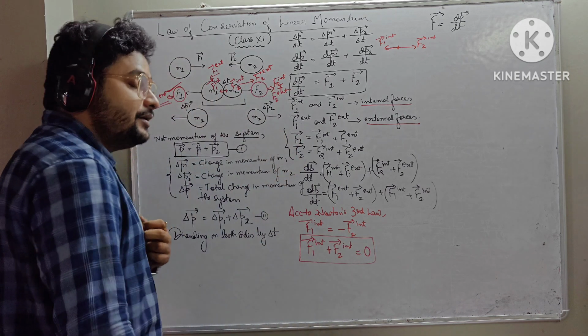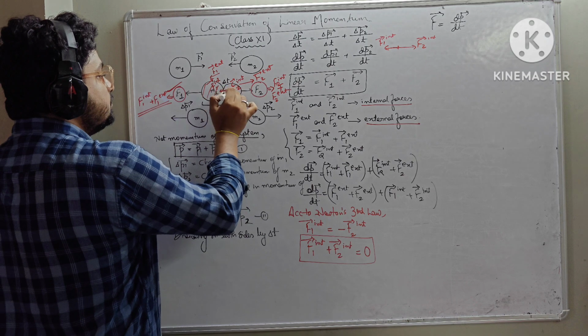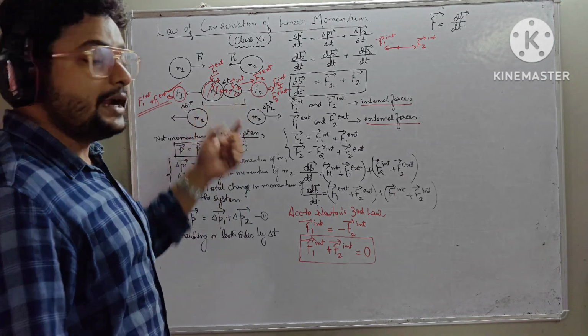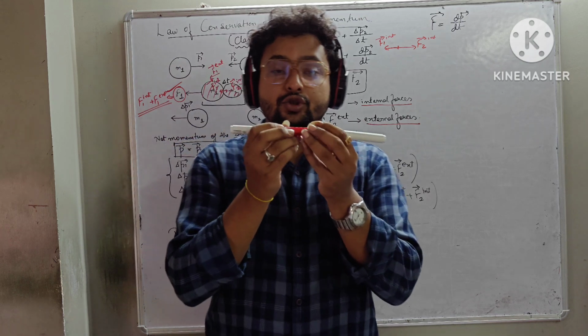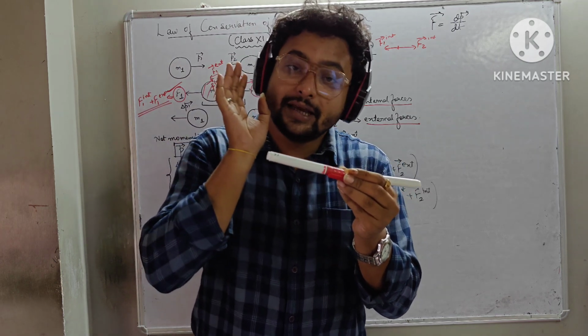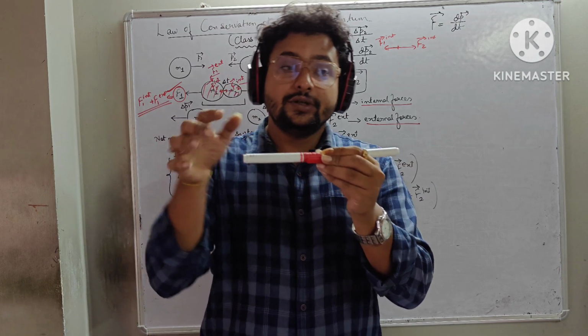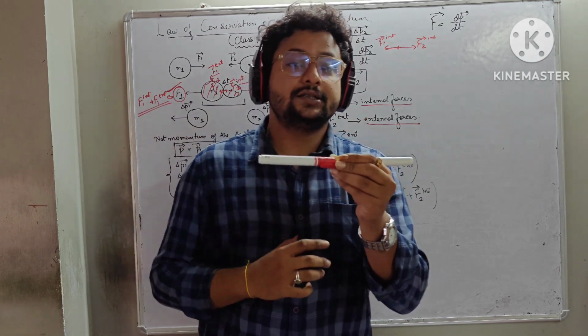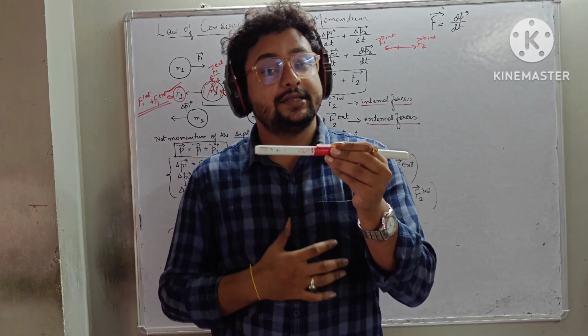That means, remember, if I consider this entire thing to be a system, these two bodies are making up a system, and when these two bodies are colliding, the sum of the internal forces is always 0. If I consider that these two are part of one particular system, then the internal forces are always going to cancel out each other.